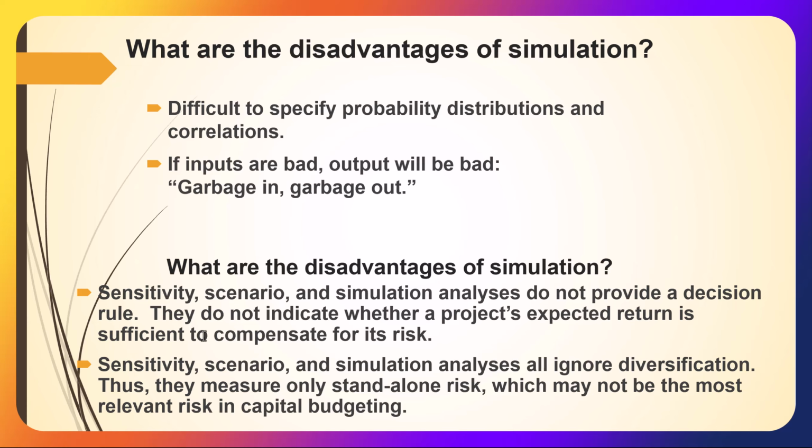None of these things really give us a decision rule. They do not indicate whether a project's expected return is sufficient to compensate for its risk. Again, these three analyses all ignore diversification. They measure only standalone risk, which may not be the most relevant risk.